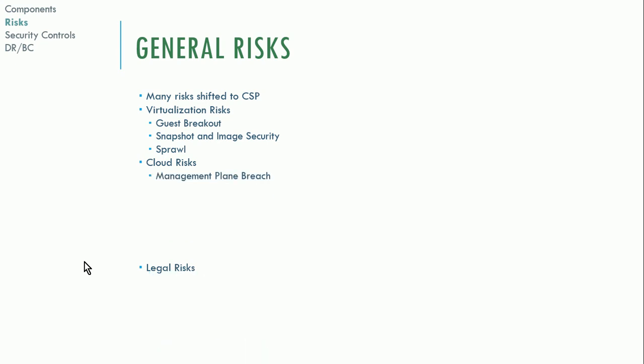So some of the cloud risks, the management plane breaches, which I talked about what the management plane is. If somebody breaches the management plane, that's really not a whole lot different from breaking into your data center. So that's certainly a major concern. Resource exhaustion, which is things like denial of service attacks and traffic analysis.